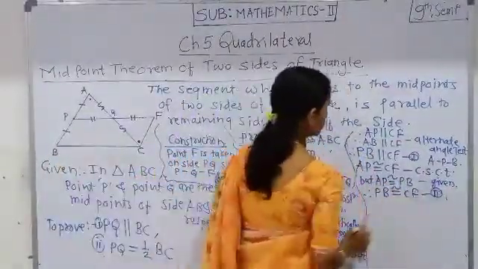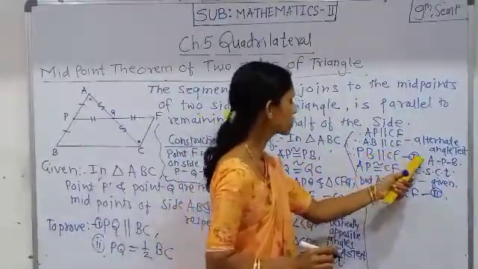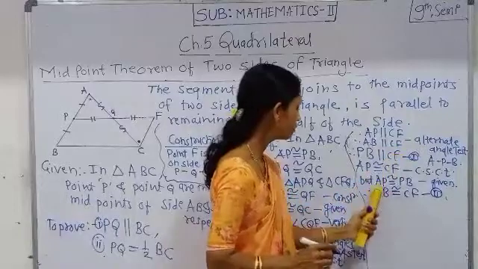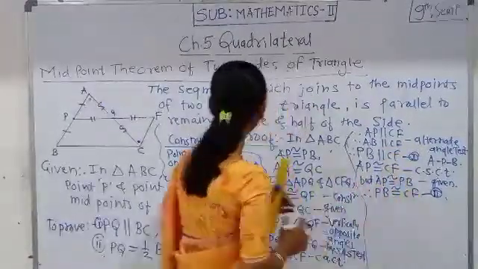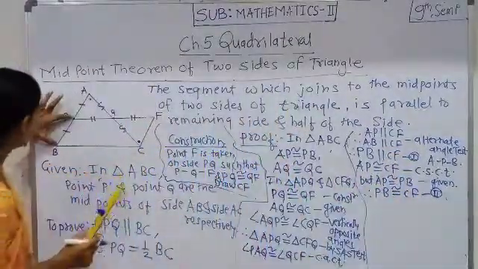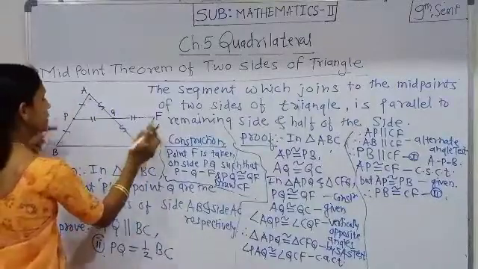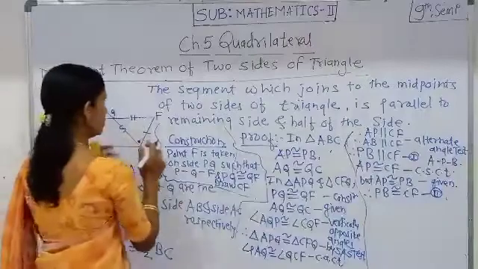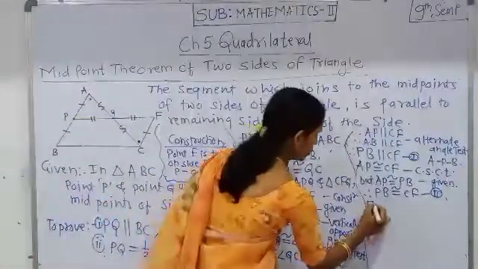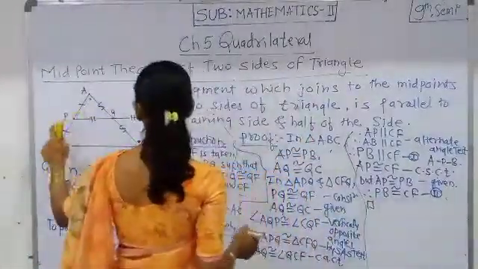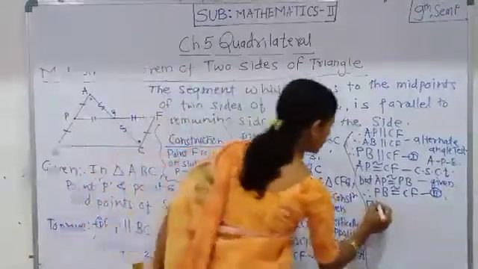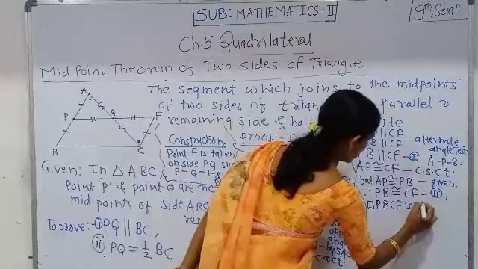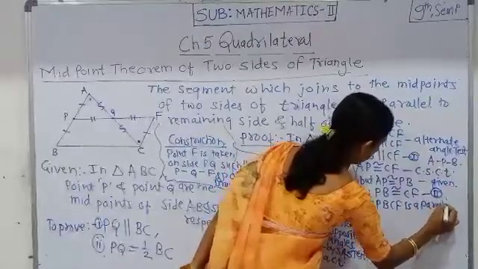From equation number 1 and equation number 2, PB parallel CF as well as PB congruent CF. See here, PB and CF are congruent as well as parallel. Therefore quadrilateral PBCF is a parallelogram.